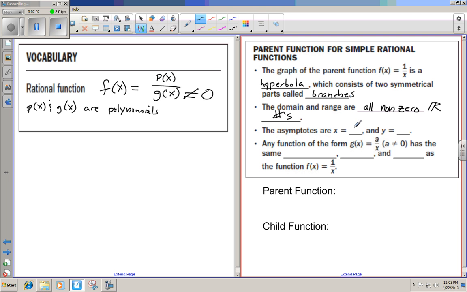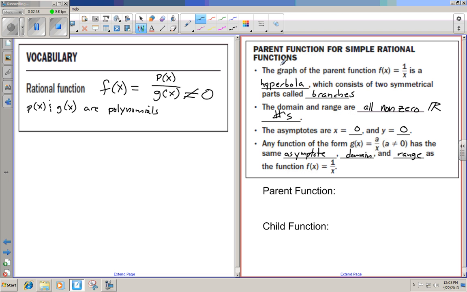The asymptotes are at x equals 0 and y equals 0. Any function of the form g of x equals that has the same asymptote, the same domain, and the same range as other functions that are parent functions.